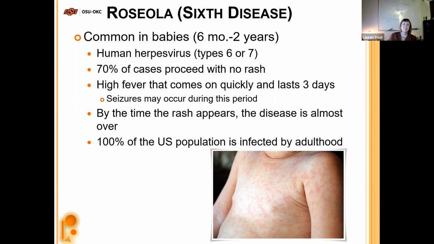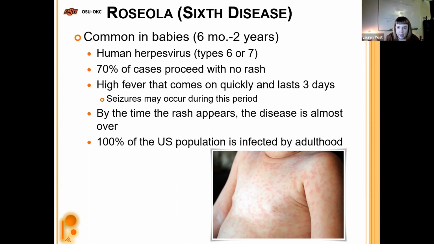Roseola, also known as sixth disease. Roseola is common in babies, who get exposed and typically show disease with roseola at around 6 months to 2 years. It's caused by human herpesvirus 6 or human herpesvirus 7. So these are herpes viruses. 70% of the cases will not have any visible symptoms at all, other than maybe a brief high fever.